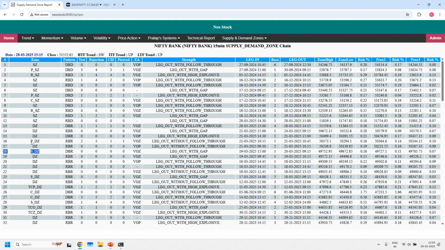Why am I focusing on supply demand zones and high liquidity zones? Mainly from a short-term and intraday trading point of view. They will be helpful, so that's why in my analysis I am focusing on them. So the 18th high liquidity zone. This is on 19/3/2025, 15 hours.